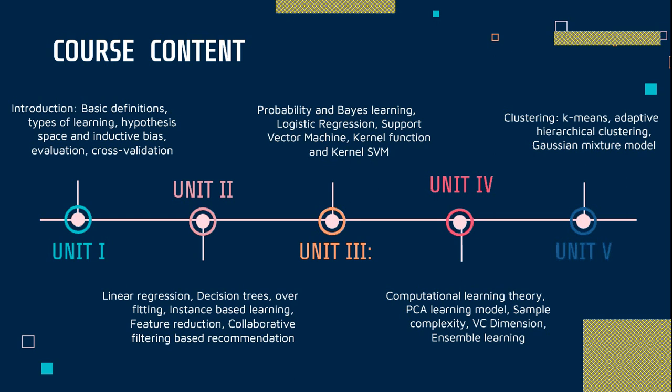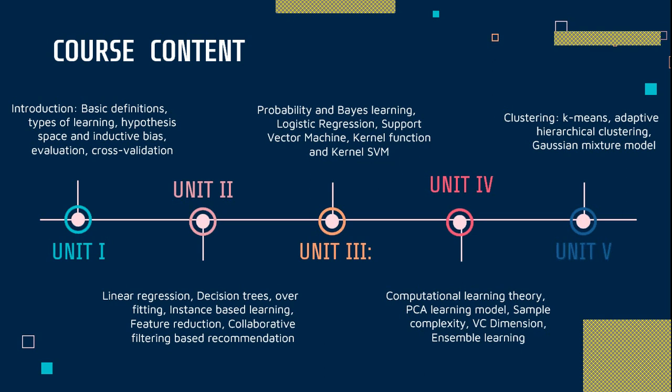After completing this basic terminology that is used for machine learning, we will move to the next unit, with very simple and normally used machine learning algorithms that contain linear regression, decision trees, overfitting, underfitting, instance-based learning, feature reduction, collaborative filtering-based recommendation. So these are the basic algorithms used in machine learning.